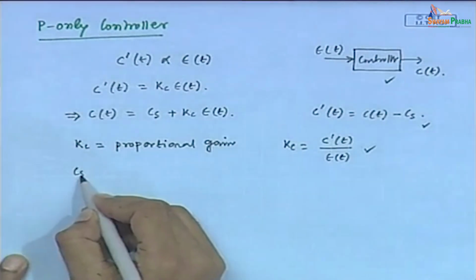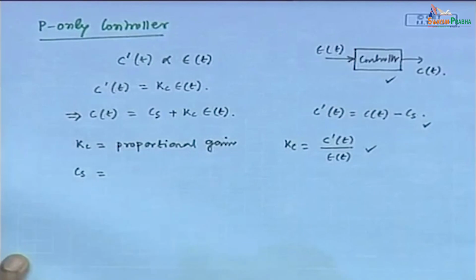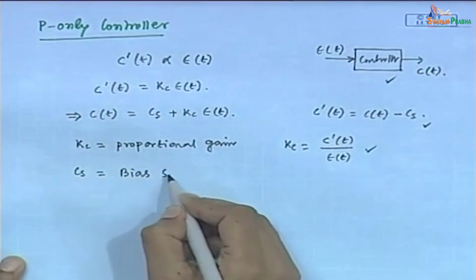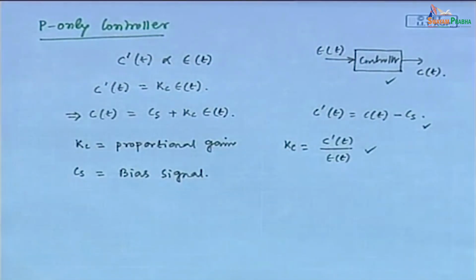Now, what is Cs? Cs is the bias signal, controller's bias signal. We can define it as Cs is the controller output when there is no error.